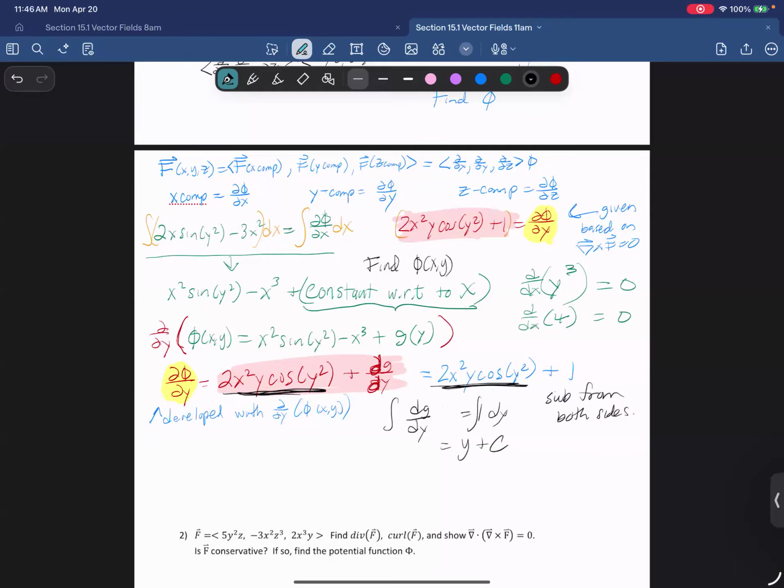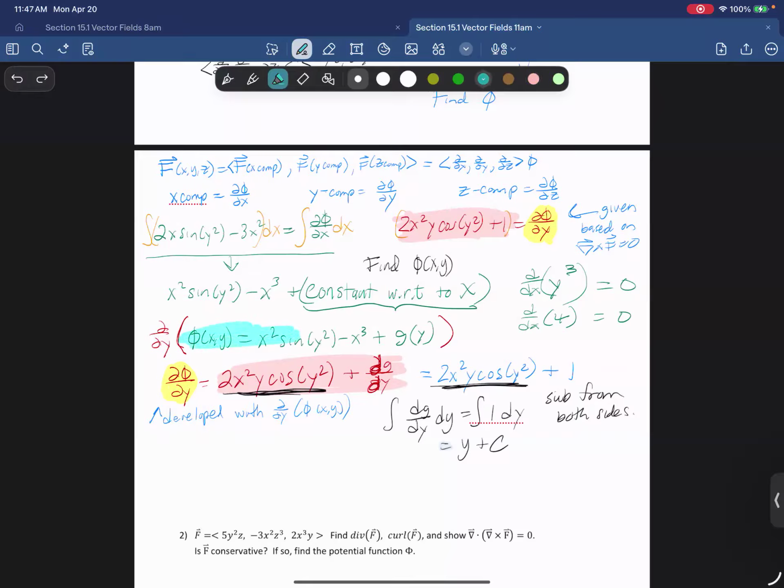Can I just ask a point of clarification on vocabulary? The dp dy from the original function f, that's the y component of our original function. Yes. And we're saying that it's equal to d phi dy, which is given based on taking the derivative of the phi we calculated here.